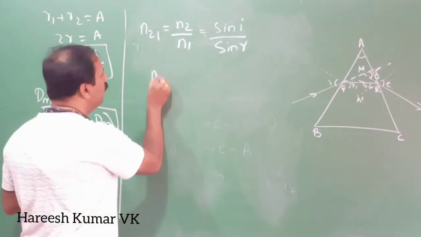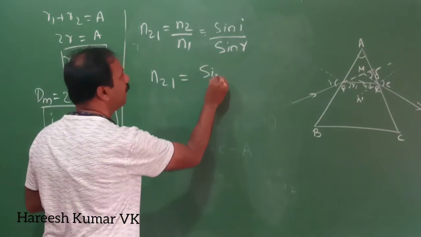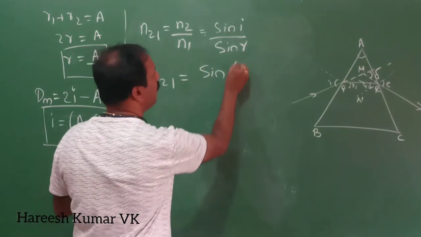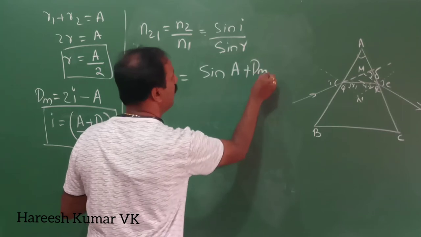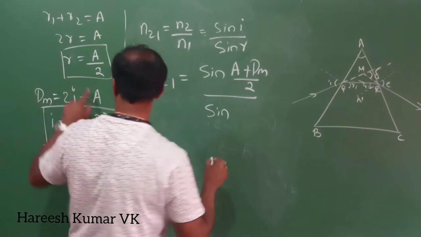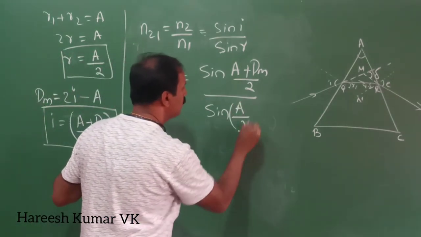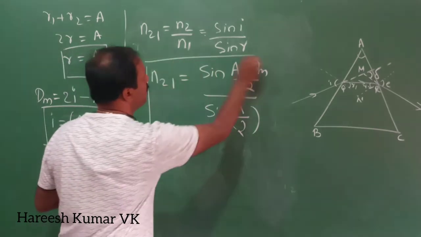So n21 is given by sin I, that is sin of (A plus dm) by 2, divided by sin of R, that is sin of A by 2. So this is the most important equation.